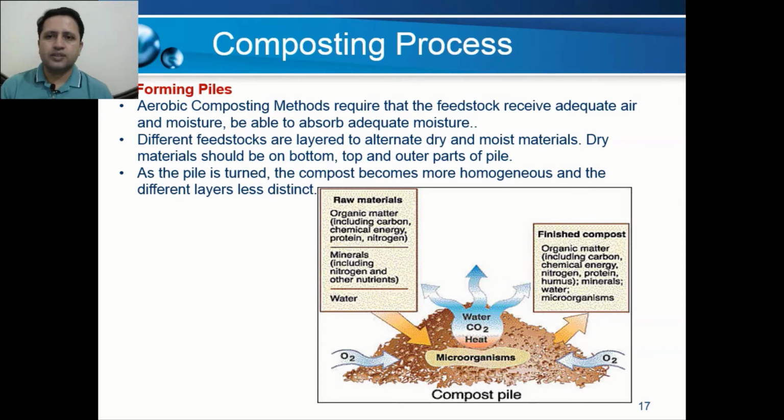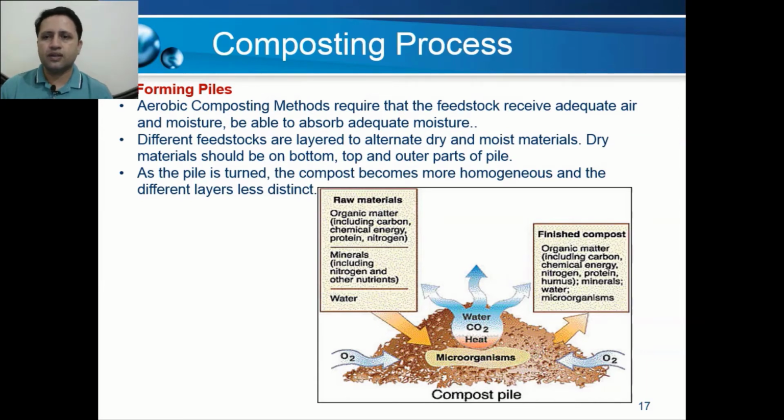Aerobic composting methods require that the feedstock receive adequate air and moisture, and it must be able to absorb that moisture. Different feedstocks can be used and layered to alternate dry and moist material. Initially you add some dry material, then moist material, and then some dry material again.